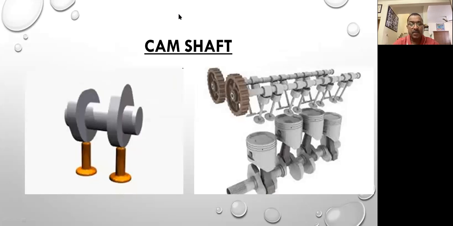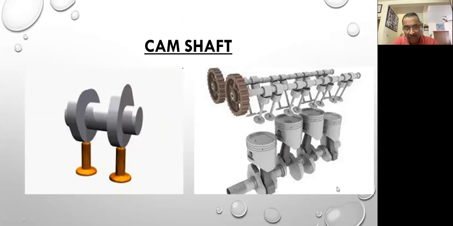So this is how a camshaft will work. Let us concentrate on the left side figure. At the top, we have a camshaft. While rotating, its protruded portion comes in contact with the valve, and the valve is pushed down.